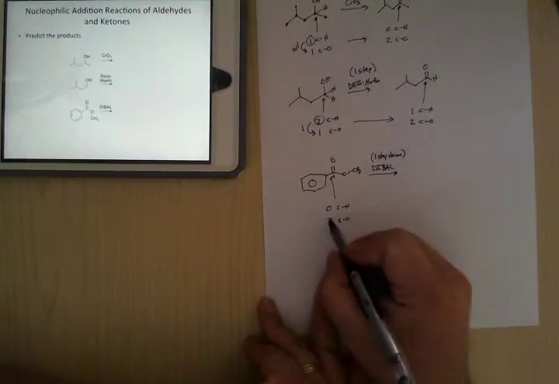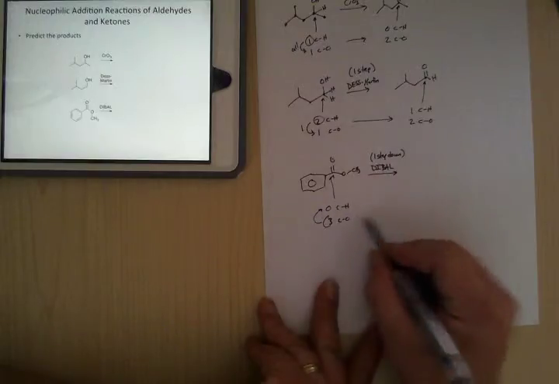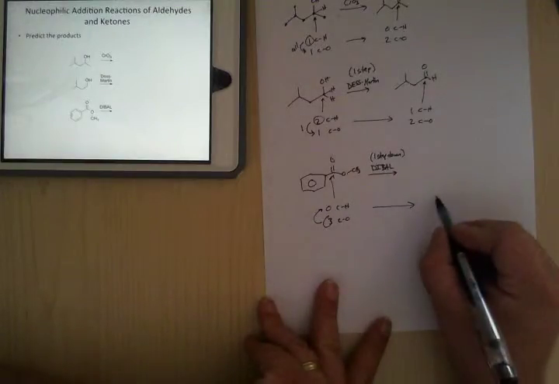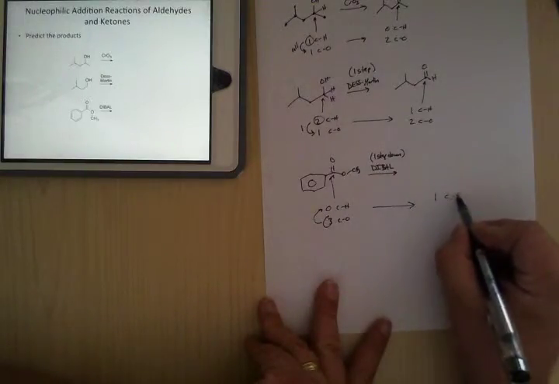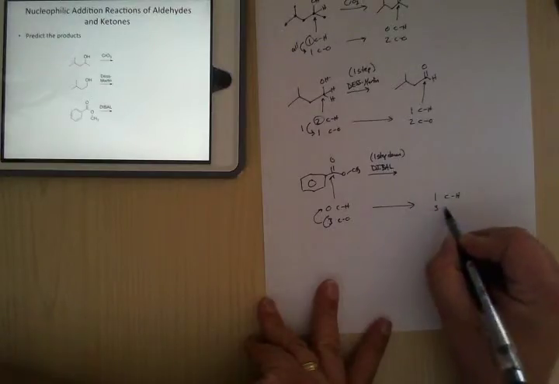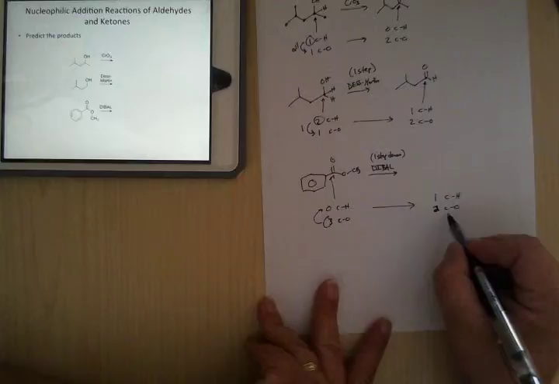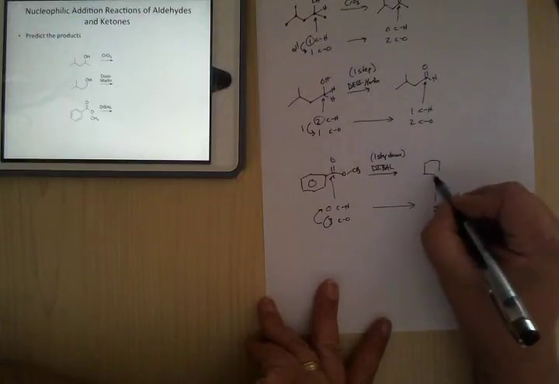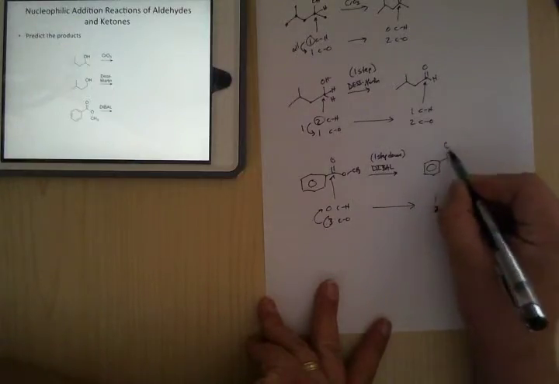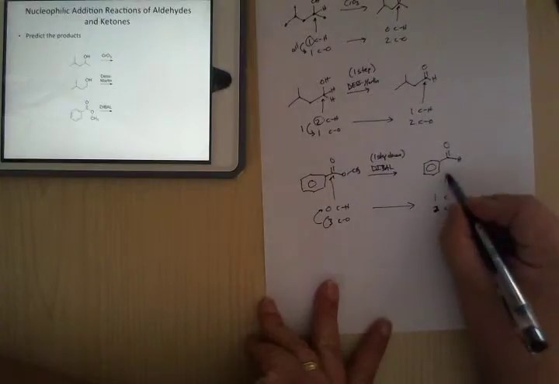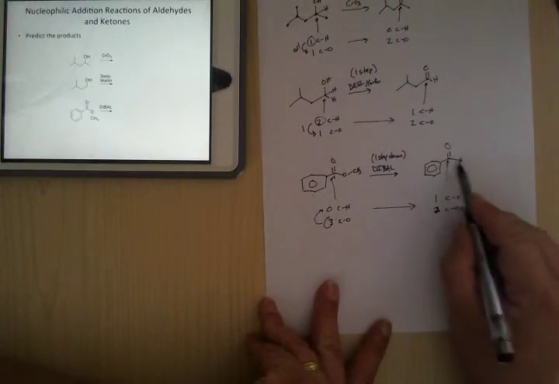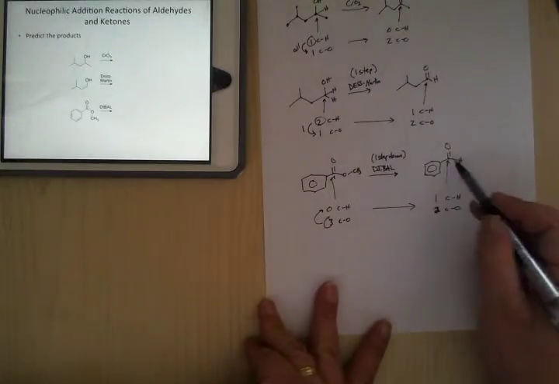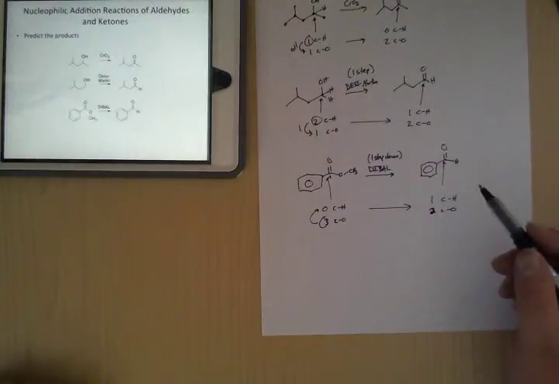What's going to happen is we're going to convert one of those to a carbon-hydrogen. So you can predict what's going to happen. It's 1 carbon-hydrogen, 3 carbon-oxygen. Oops, excuse me, 2 carbon-oxygen. So our product's going to look like this. Right there, you have 1 carbon-hydrogen, 2 carbon-oxygens. There you go.